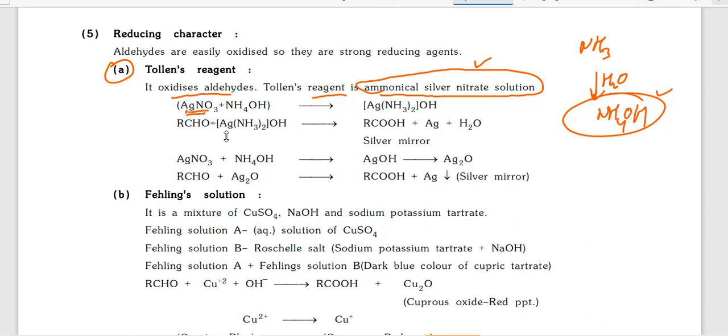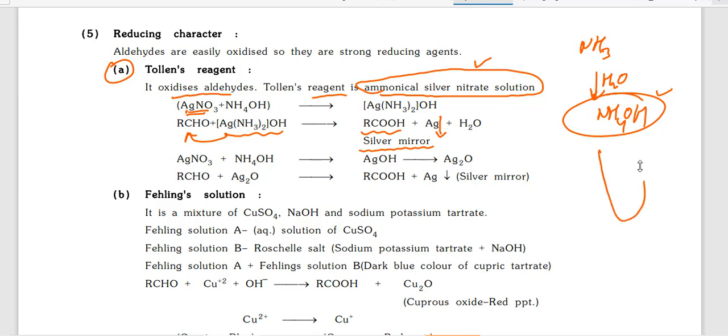This ammoniacal silver nitrate forms a complex. The complex reacts with aldehydes, giving a carboxylic acid and silver. That is why this reaction is also called the silver mirror test.